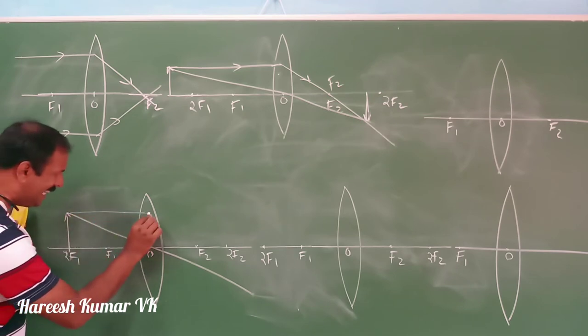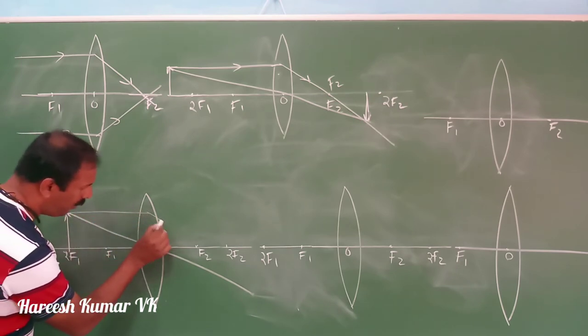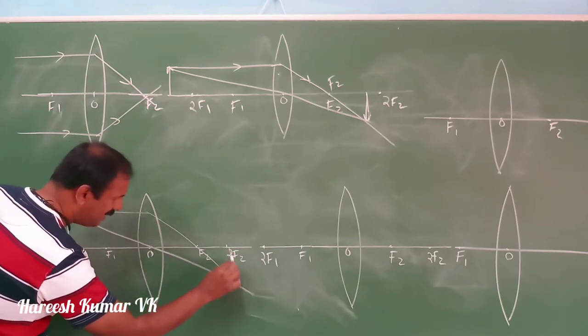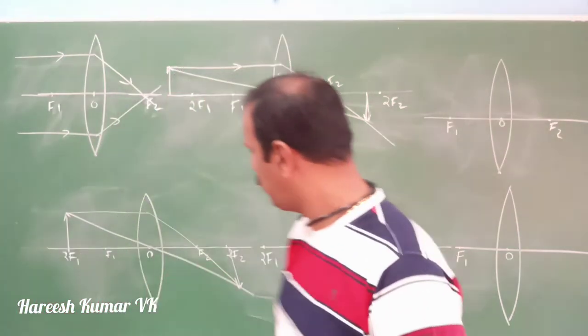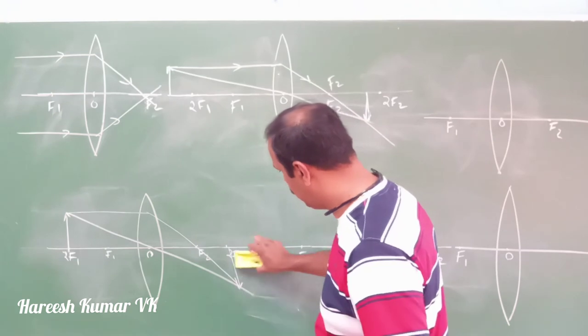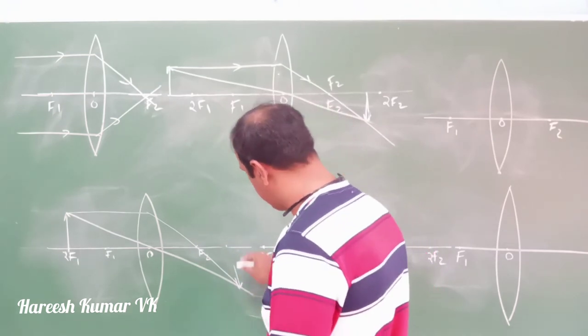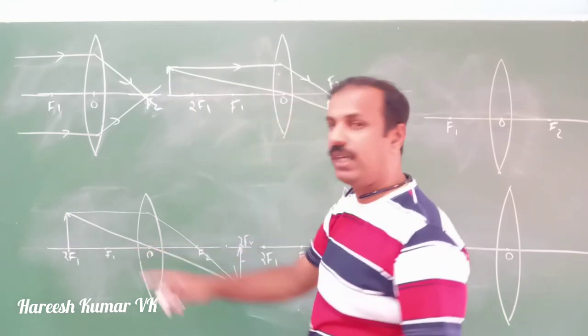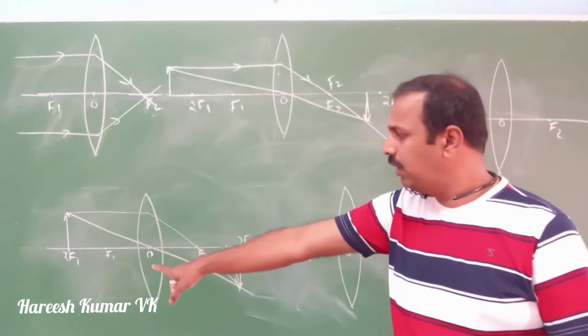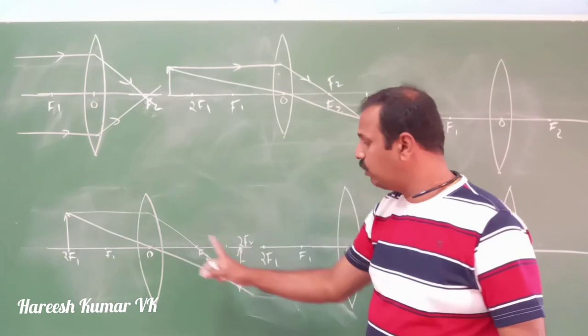Another will pass like this and cross the focus, and here the image is formed. Actually my drawing is a little bit bad; it should be here, at 2F2. So when the object is at 2F1 this side, it will come at 2F2.